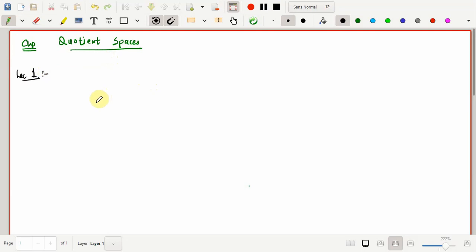So in this lecture, at the end we will define a quotient space. To define a quotient space we need certain constructions and certain terminologies. So the first thing that we will define is the so-called coset.